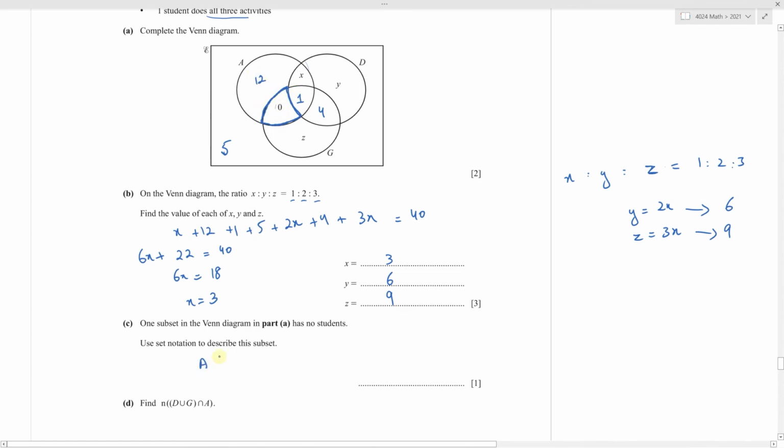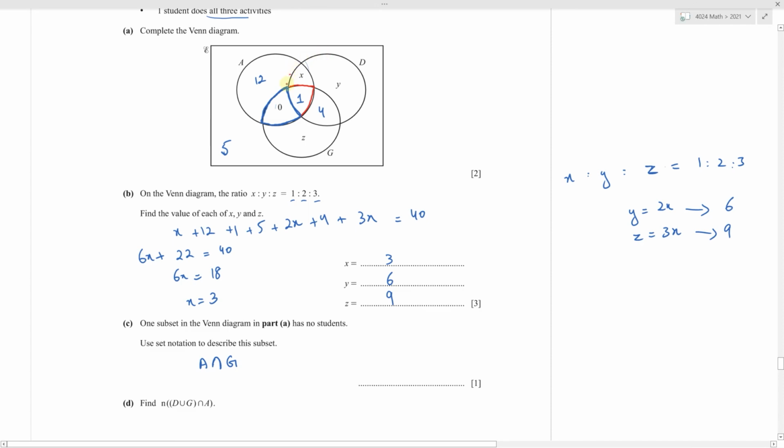So it will be at least A intersection G first. But A intersection G also includes this area, which is in red. So red plus blue is A intersection G. Now we have to exclude this because we are only looking for this area, which is blue, which has 0 students.